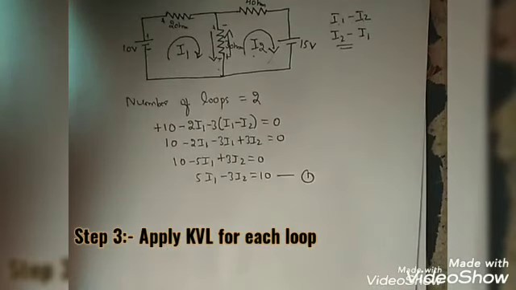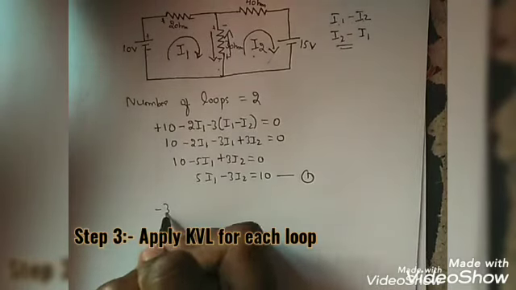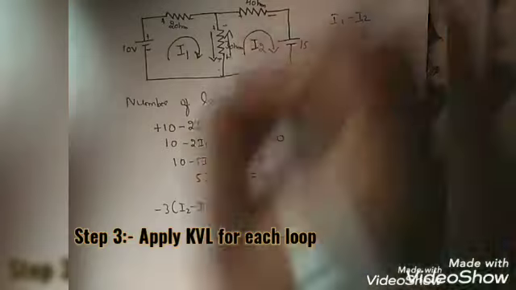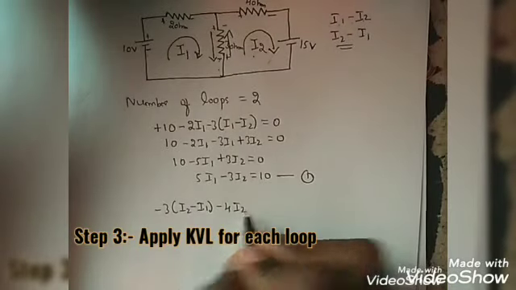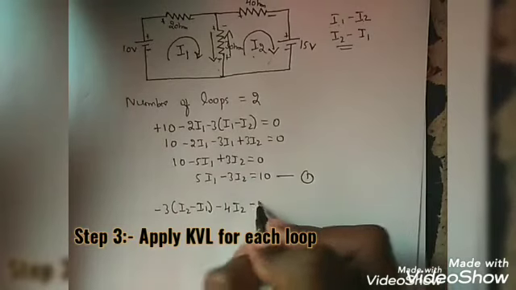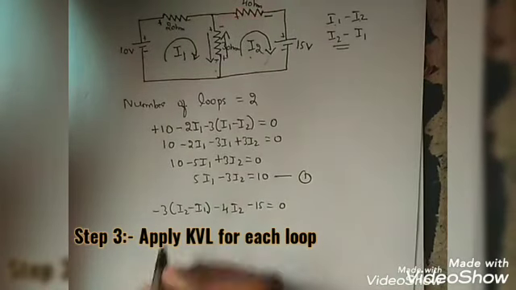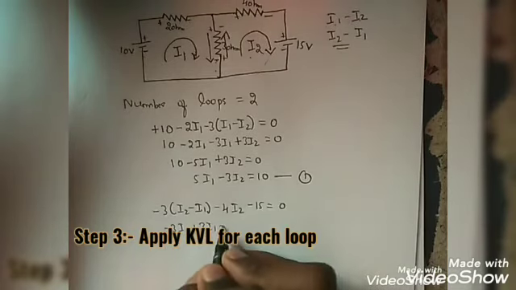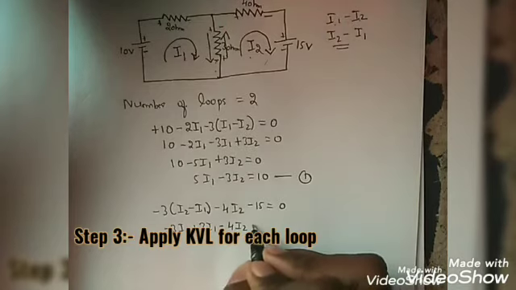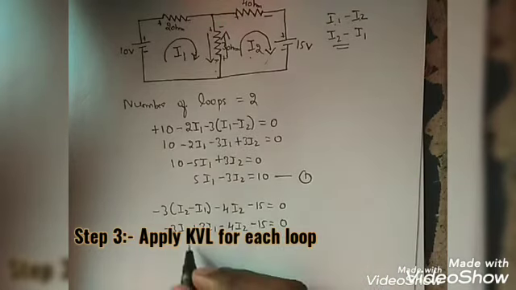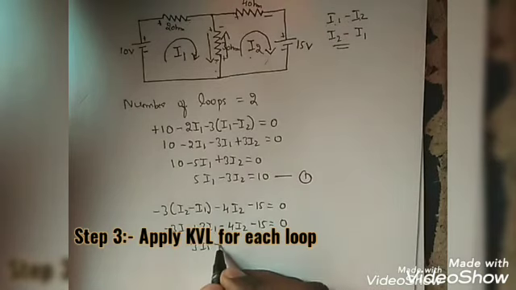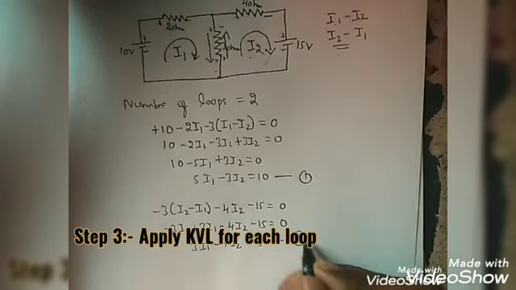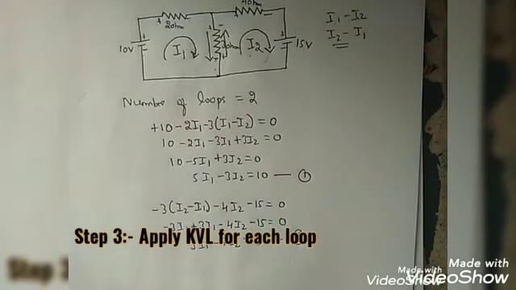Applying KVL for the second loop, that is minus 3 times (I2 minus I1) minus 4 times I2, and this is plus, this is minus, minus 15 is equal to 0. That is minus 3 I2 plus 3 I1 minus 4 I2 minus 15 is equal to 0, that is 3 I1 minus 7 I2 is equal to 15. This is considered as equation number 2.